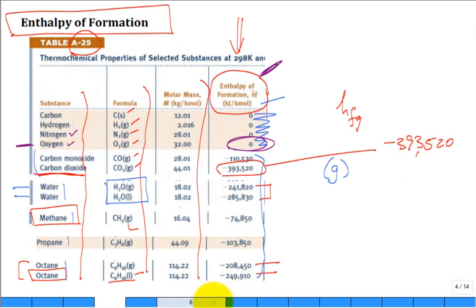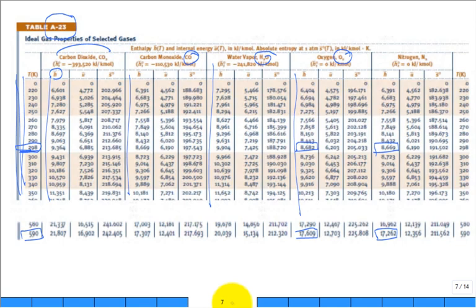When we go to this table right here, they put a little reminder for the carbon dioxide. What do they put right there? Negative 393,520. That's nice when the data is repeated. Not too much data gets repeated, but some data is repeated. So you could just look at this table and get the enthalpy of formation of the carbon dioxide.